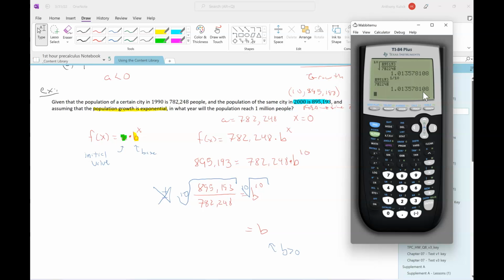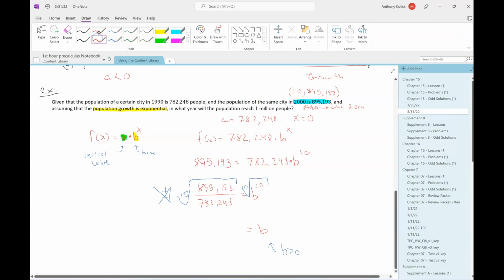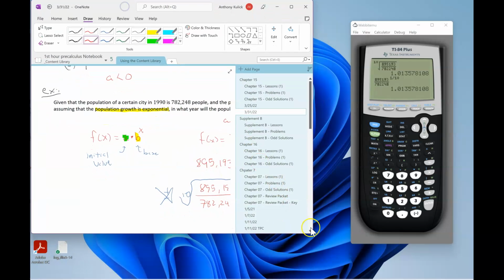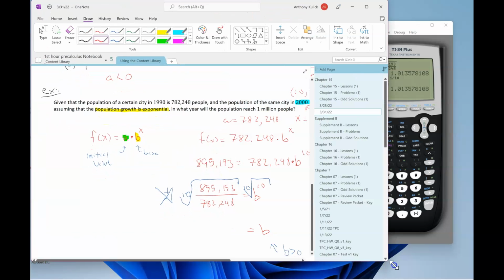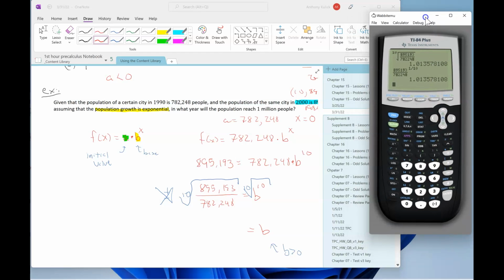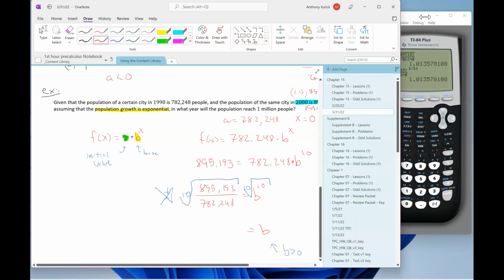Okay, so we have our value for a, we have our value for b. Let's do that so I can still see. So 1.0135781 08.